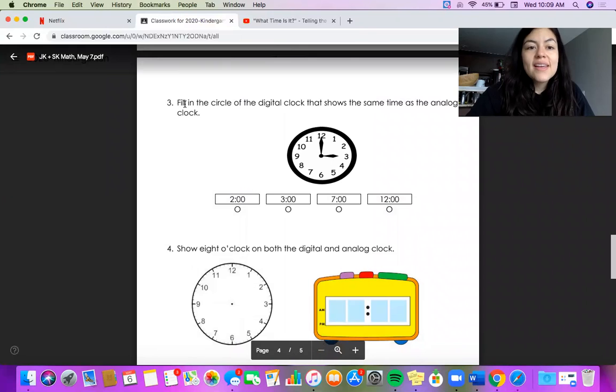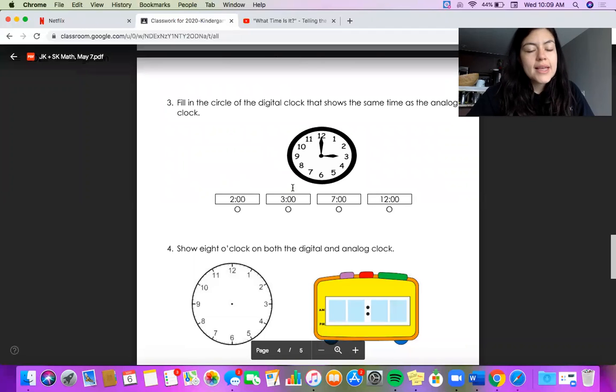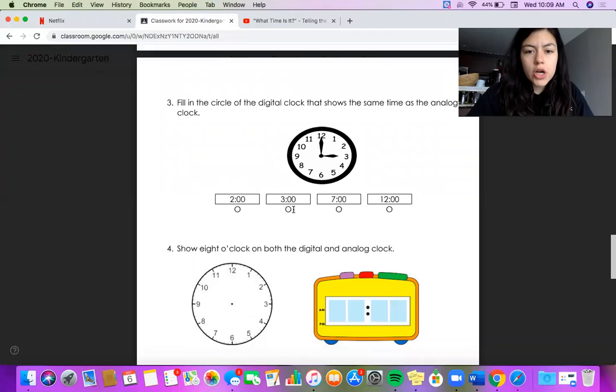Number 3, fill in the circle of the digital clock that shows the same time as the analog clock. So you really have to look at this analog clock, find out what time it is showing you, and then circle the right option. Is it 2 o'clock, 3 o'clock, 7 o'clock, or 12 o'clock?